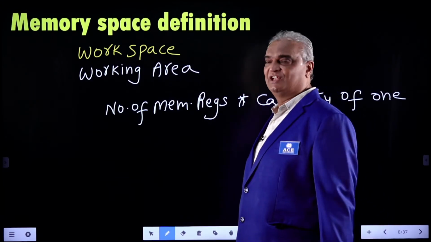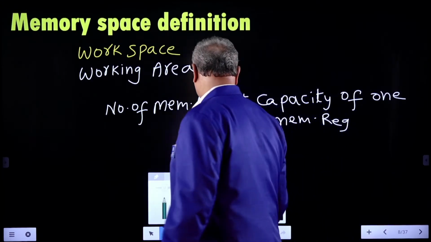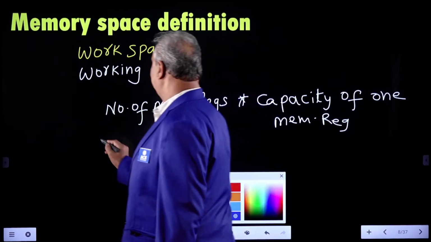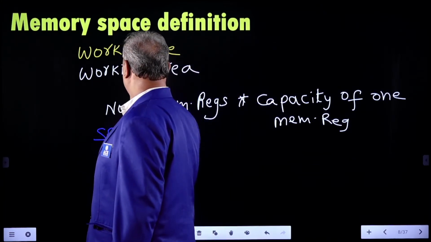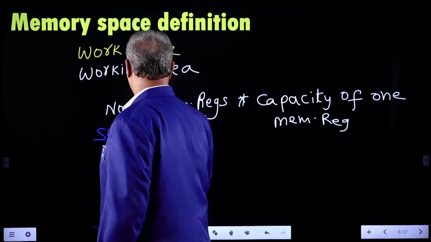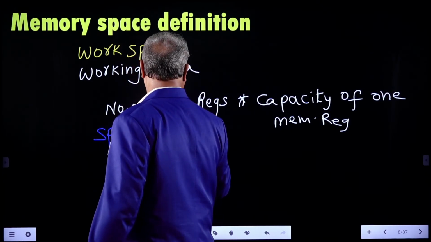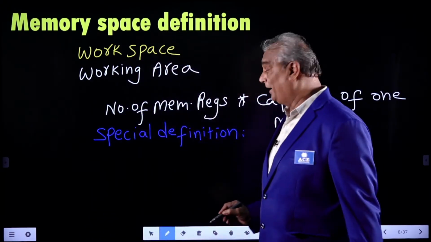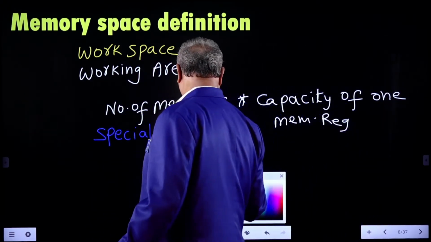And a special definition is also there. What is the special definition for memory space? Number of rows into number of columns. It is very, very, very important.